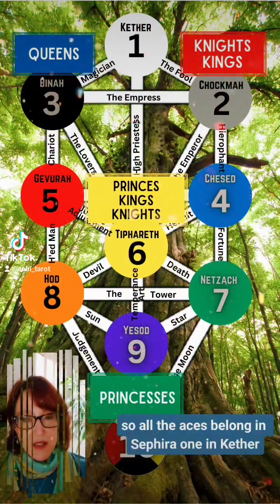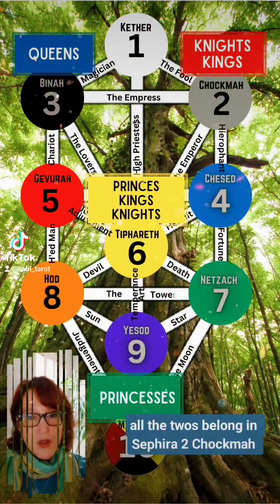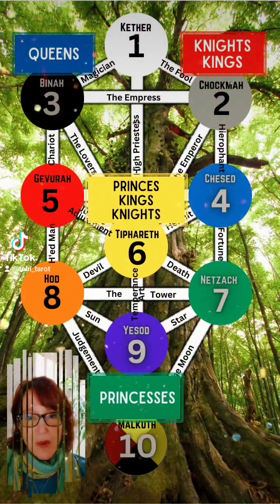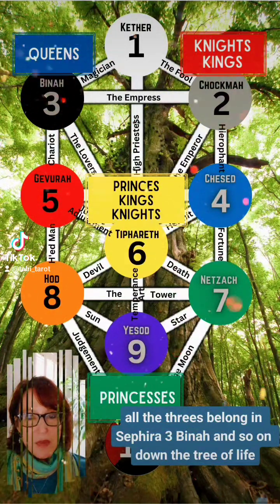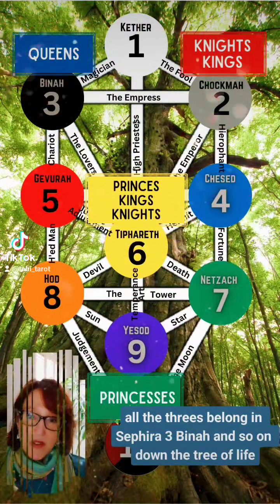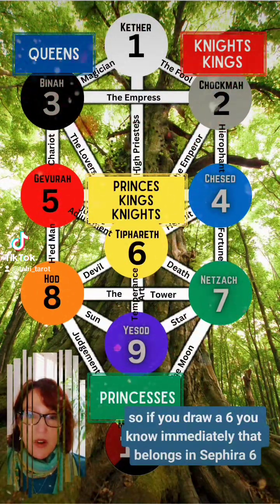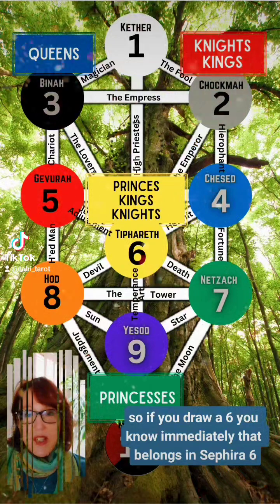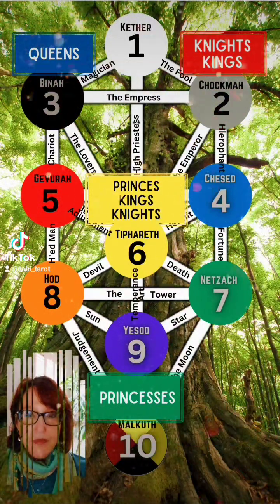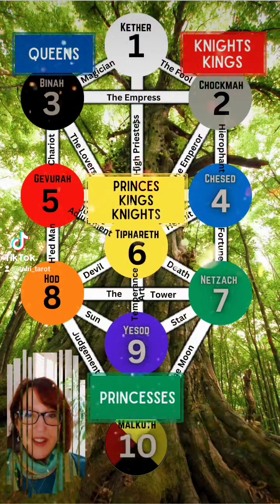All the aces belong in Sephira 1, Keter. All the 2s belong in Sephira 2, Chokmah. All the 3s belong in Sephira 3, Bina, and so on down the Tree of Life. So if you draw a 6, you know immediately that belongs in Sephira 6, right in the middle. So you can plot your minors in the Sephiroth.